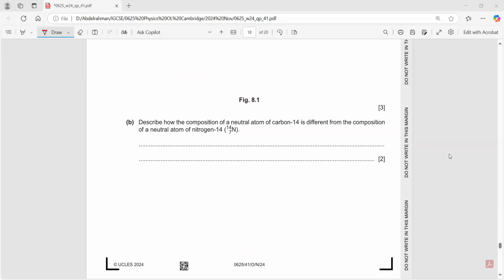We might say that nitrogen has 1 more proton and 1 less neutron than carbon. That's all you need to say.